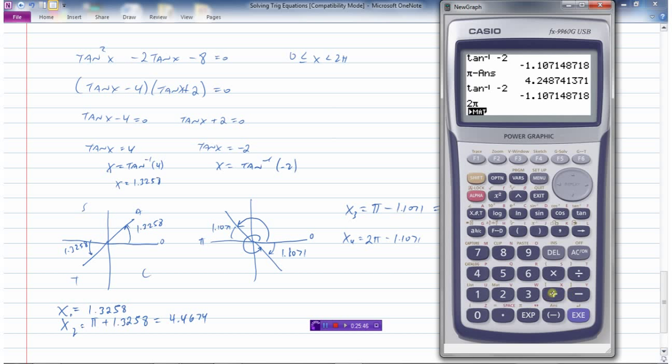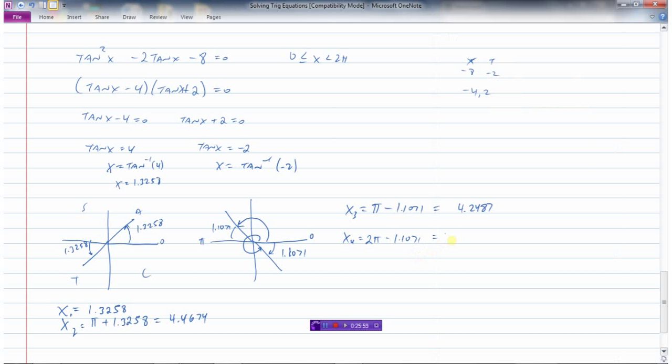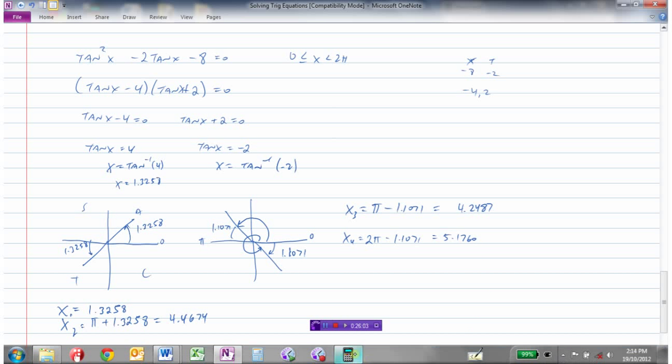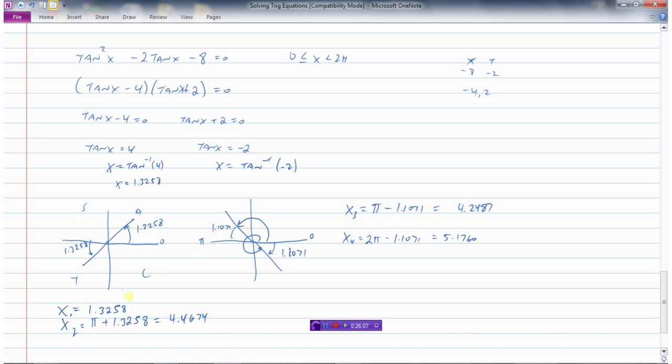In this case, I'm going to go plus this answer because the answer is given already as negative. So that's 2 pi minus the 1.1071, which is 5.1760. Is that what it was? I can't remember now. 5.1760. Yeah. So we got 4 solutions, x1, x2, x3, and x4.